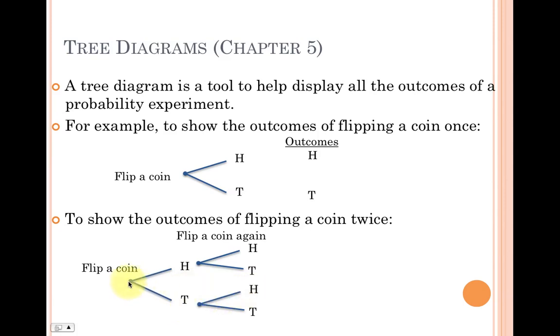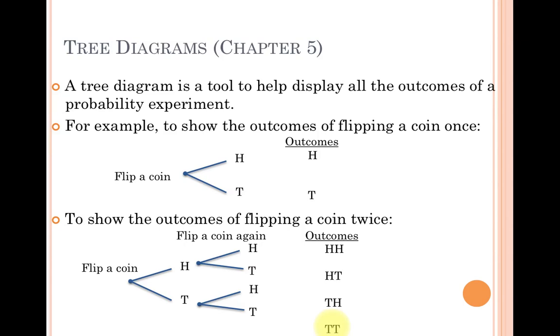And the last possible outcome could be tails on the first and tails on the second. So this is how we express it in the outcomes column. HH for heads on the first, heads on the second. HT for heads on first, tails on second. TH for tails on first, heads on second. And TT, tails on first, tails on second.